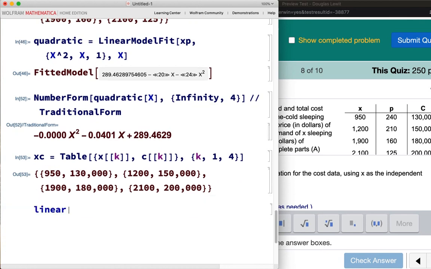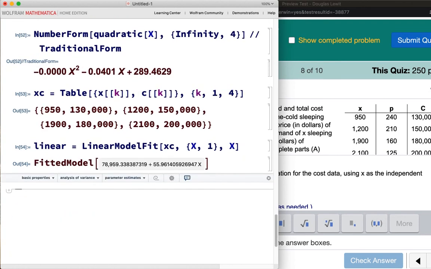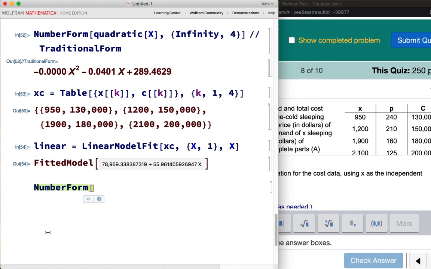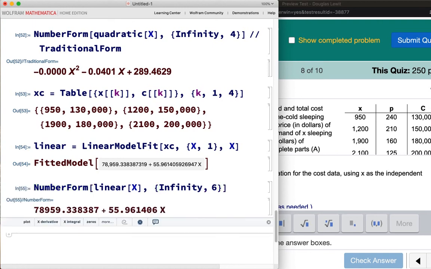My linear function is equal to linear model fit my xc data, capital X, 1. My variable is large X or capital X. Okay. And then number form, linear of X. Give me all the digits to the left of the decimal point. Give me 6 digits to the right of the decimal point.